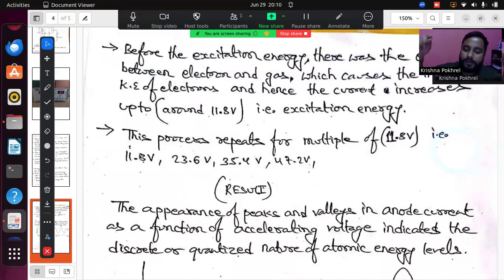Again up to 35.4 volt we get a peak, and it goes on further for multiples of 11.8 volt, because 11.8 volt is the excitation energy level for argon gas.